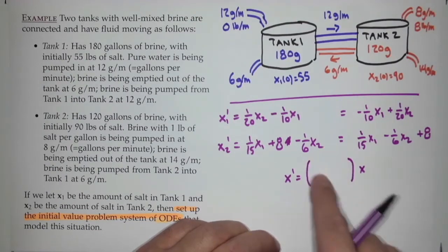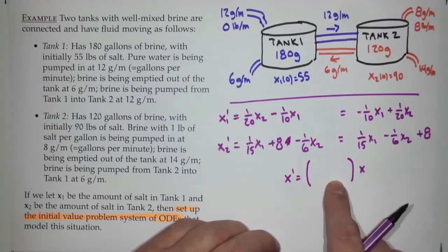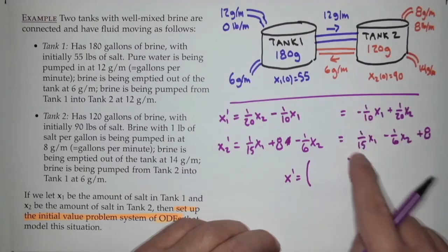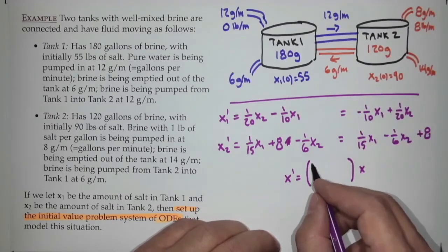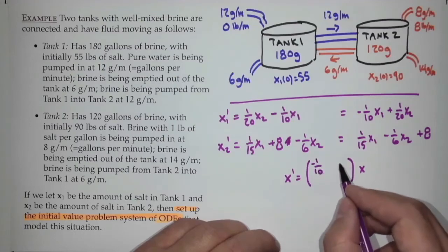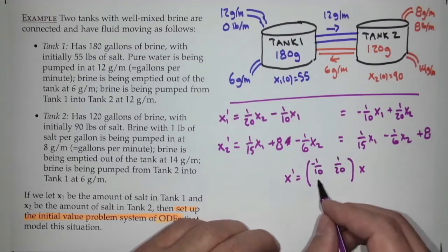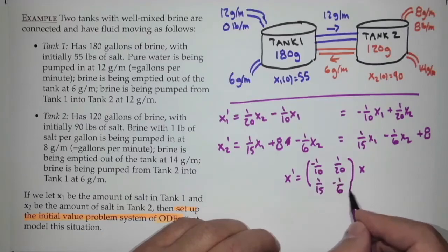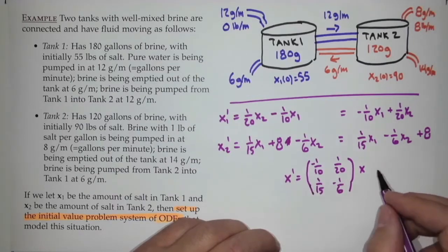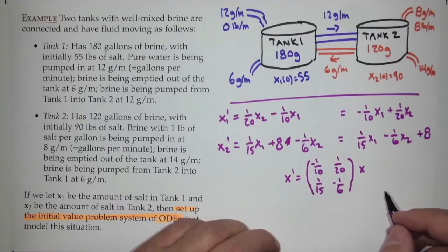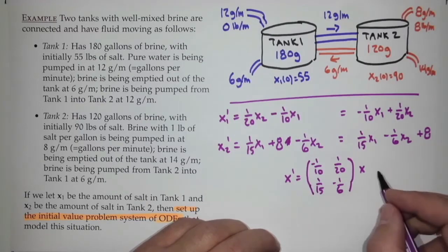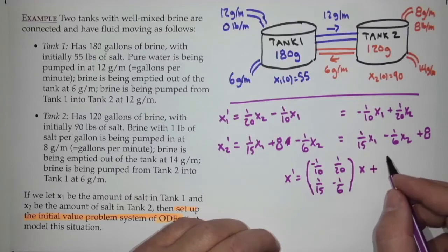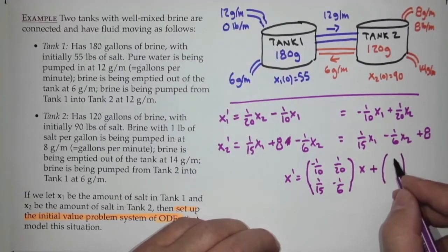What goes in here? Coefficients. These numbers. Minus 1/10, 1/20, 1/15, minus 1/6. What else do we need? This 8. So that would be separate, and we would write it as plus (0, 8).